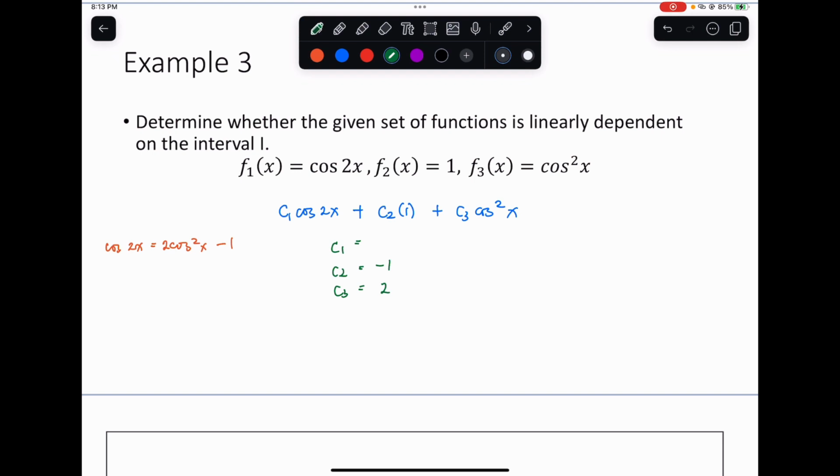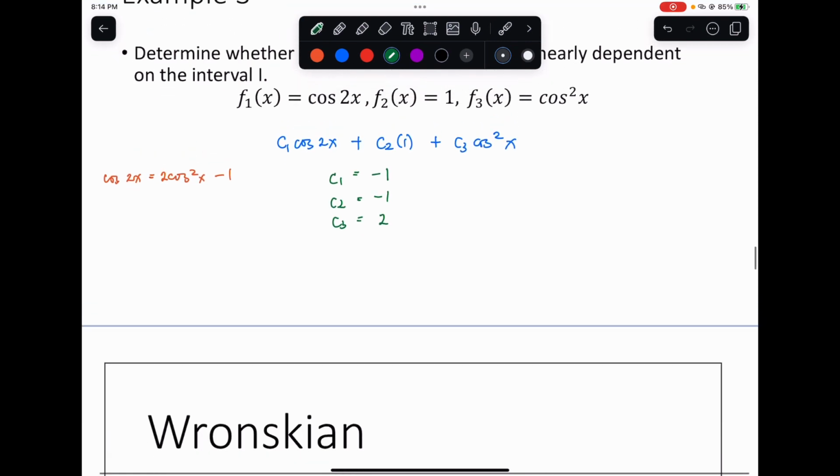And since that will make it equal to positive cosine 2x, I should have a negative 1 for C1, to have a negative cosine 2x. Once I substitute this, C1 is negative 1, so negative cosine 2x. And C2 is negative as well, so that makes it negative 1. And then plus C3, so that would be plus 2 cosine squared x.